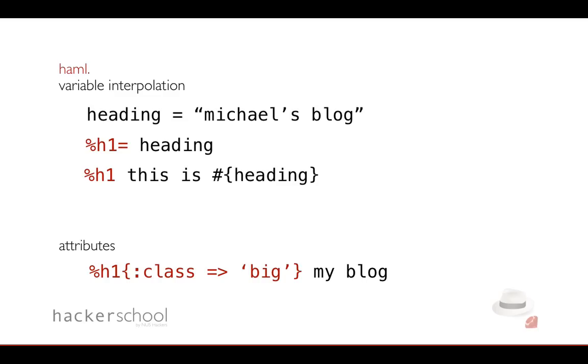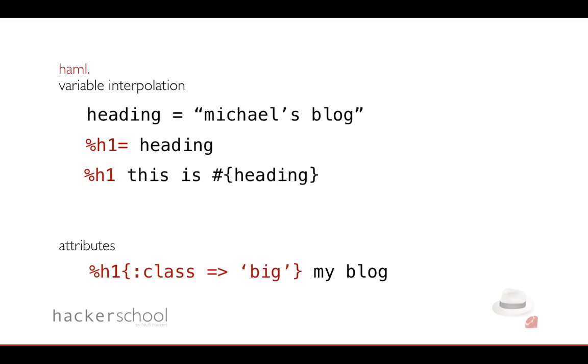It will create an h1 tag with Michael's blog inside. Alternatively, you can use the Ruby style string interpolation to get an h1 tag with This is Michael's blog very nicely. To do this with HTML would be clunky. You have to have all of that and then interpolate the strings. We generally don't want that.